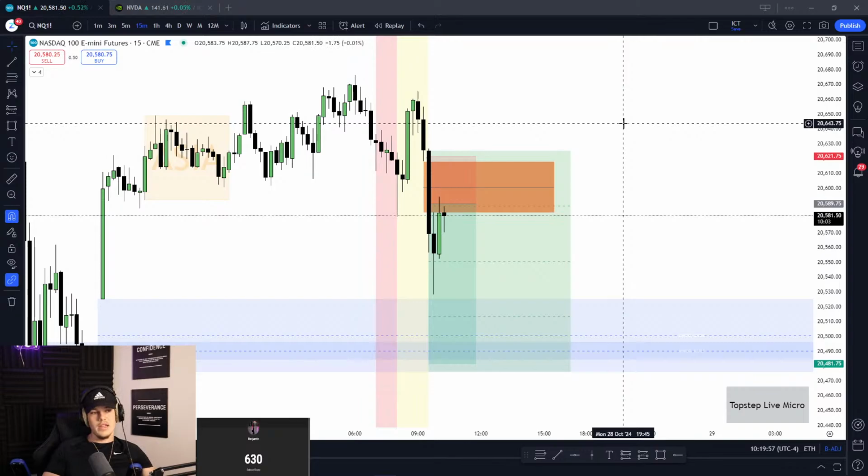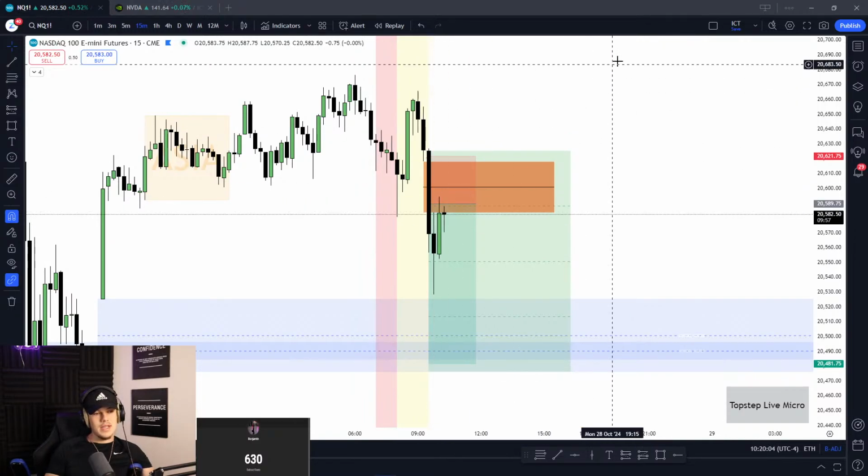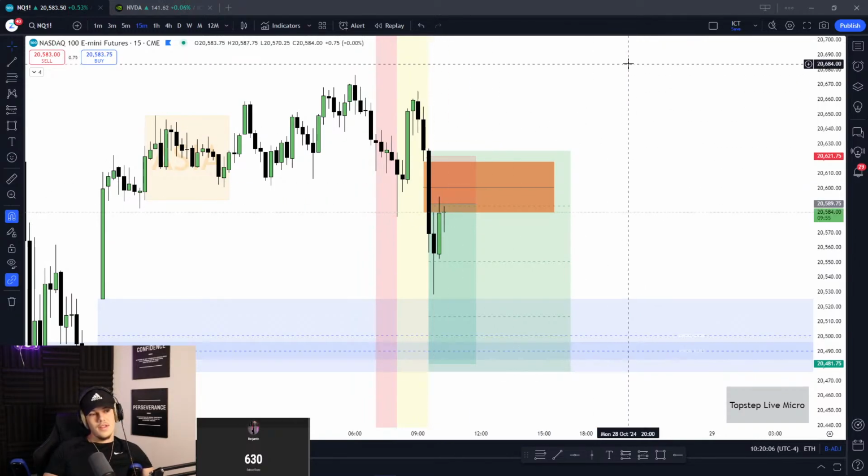But now it switched from a 1-minute trade to a 15-minute trade without me even doing anything, because my entry was at the high of the low of the 15-minute SIBI. So I'm entered on that 15-minute SIBI.